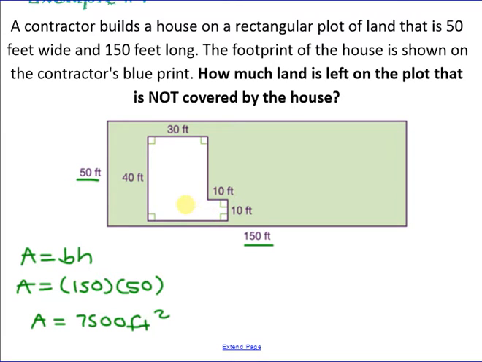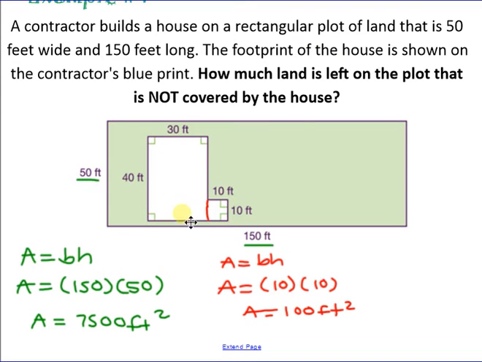Now here, this is not just one shape, this is actually a compound shape. So I need to find them and add them together. I'm going to split it here, but you could also split it a different way if that makes you happier. So I have this little square here, that's going to be area equals base times height. The base is 10 and the height is 10. And so 10 times 10 is 100 feet squared.